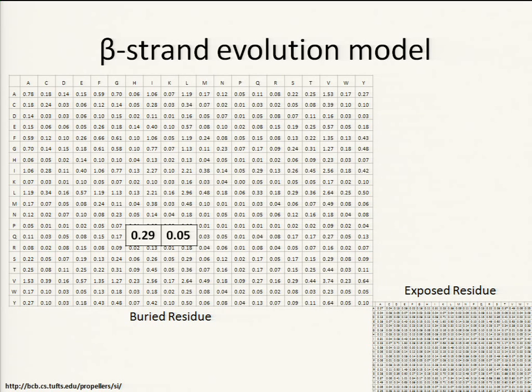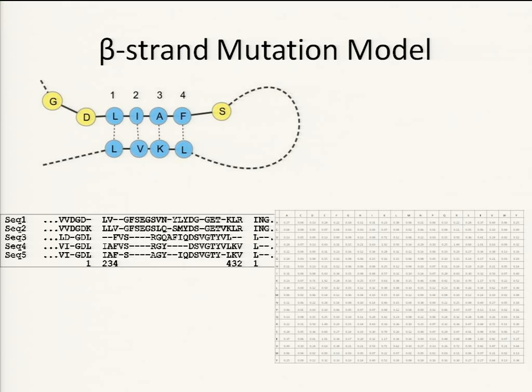Over here you can see that it is replaced with isoleucine, and that goes into that beta sheet.